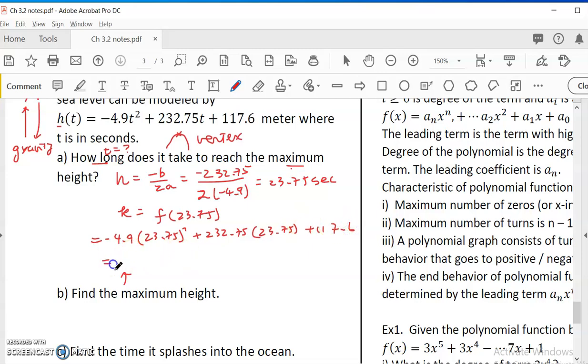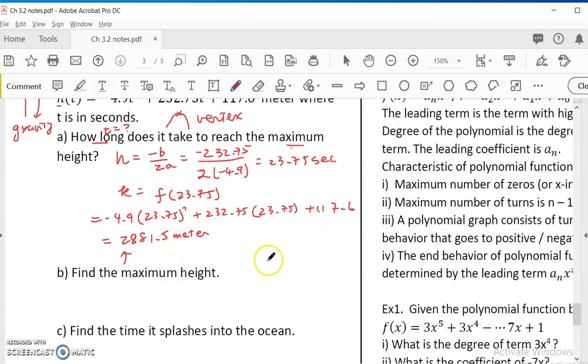Add all these together in the calculator. I did that. So it's 2881.5 and it's meters. So after 20 something seconds, it would be at this many meters and then it would come down.